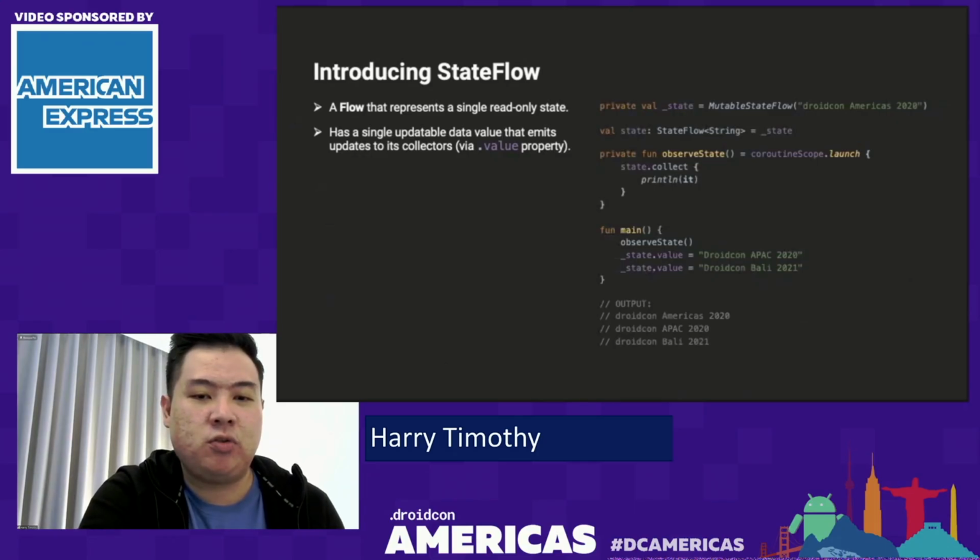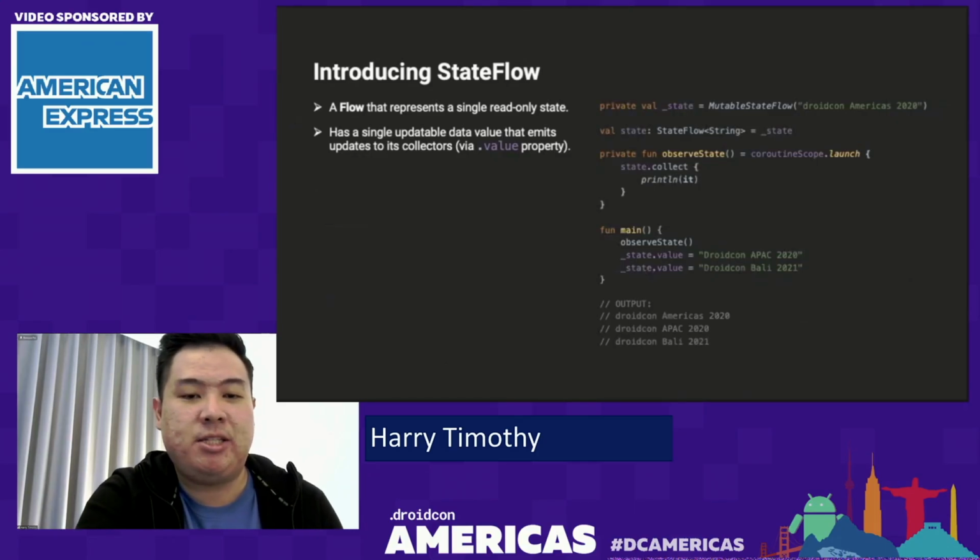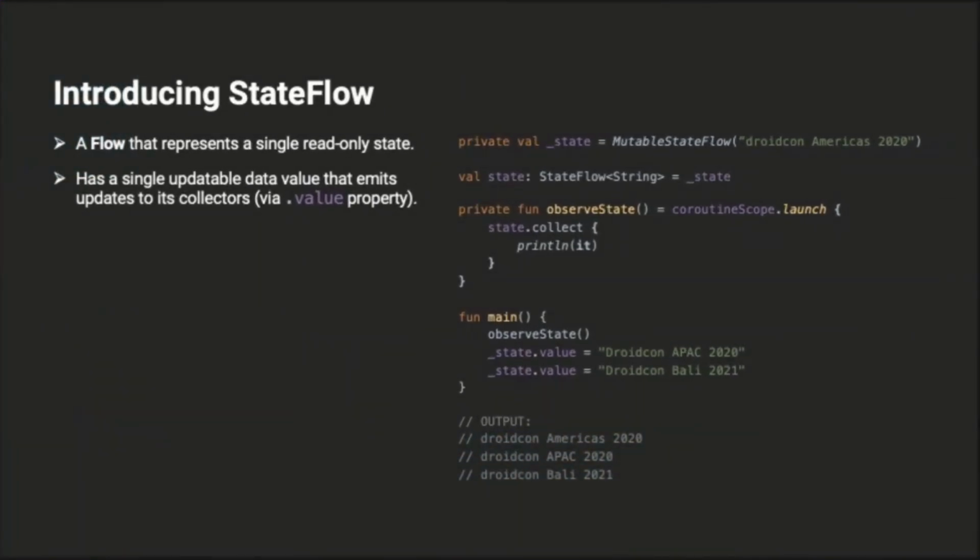And this code shows a sample of StateFlow implementation. The field consists of two parts, a private mutable state with an initial value and a public immutable version of it. As it is just the same as flow, data collection is done using .collect inside a coroutine scope.